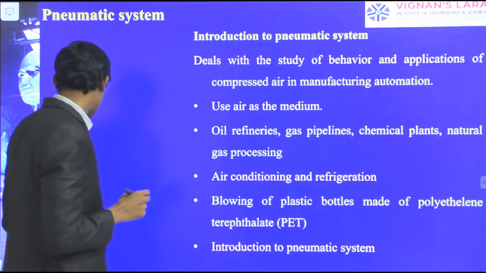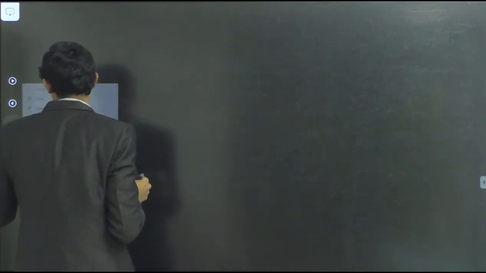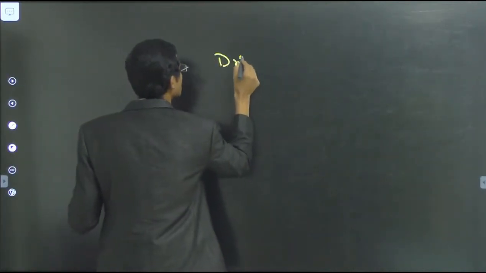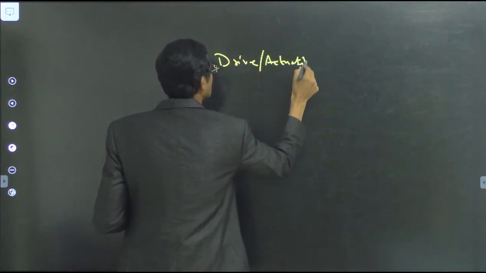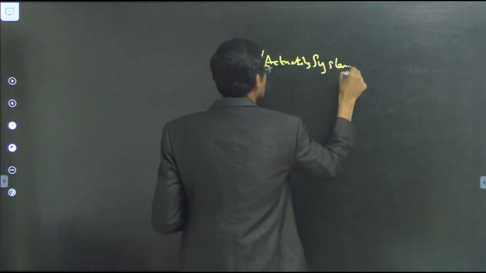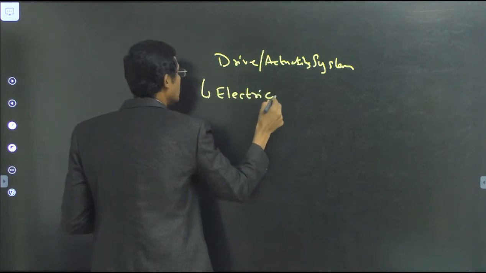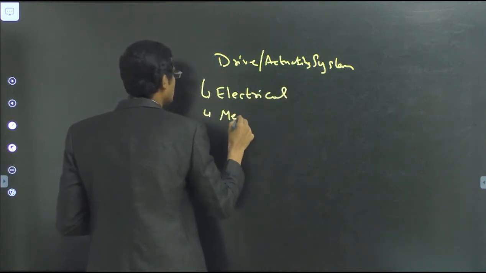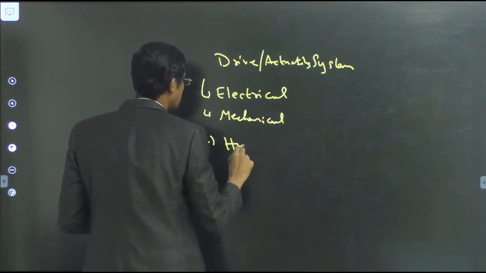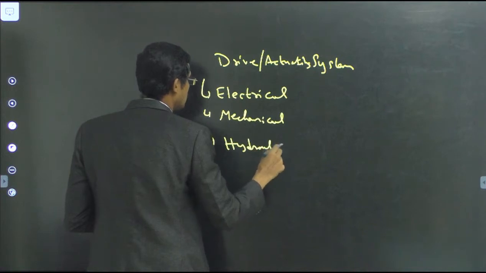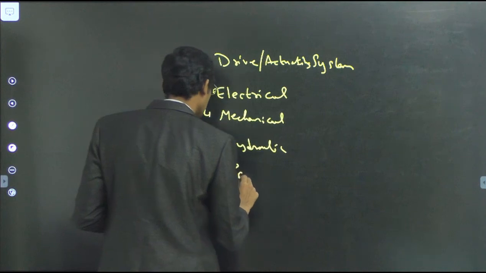We have seen in previous classes that the drive or actuating systems we have divided into electrical actuating, mechanical actuating, then hydraulic actuating, and now we are dividing into the pneumatic actuating systems.